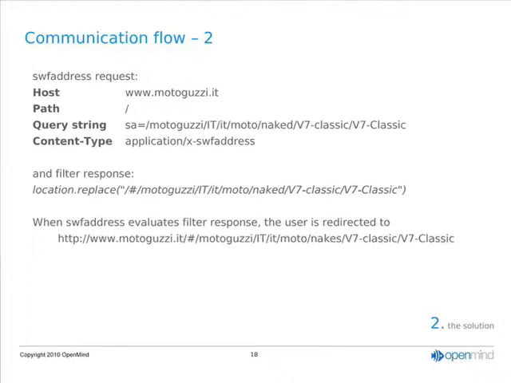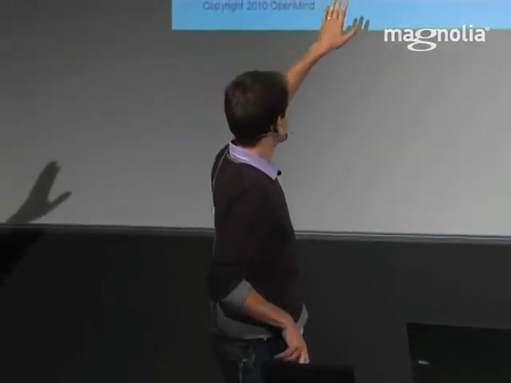And the filter on the server side intercepts the content type and sends back this JavaScript string, which replaces the position of the browser, sending it back to the home page with the path information after the hash, okay? And this path information after the hash is then managed by SWF address on the ActionScript side, which can understand which page you want to view, okay?